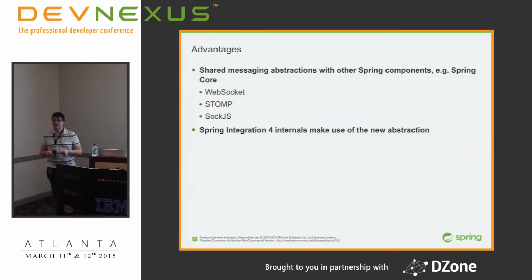The net benefit, however, is that right now you can write an extension that handles the concept of a message without depending on Spring Integration directly. You can write a message handler, you can have a message channel. So if you want, for example, to write a message handler and inject it into an outbound channel adapter, you can do it by just implementing it against the core Spring framework.